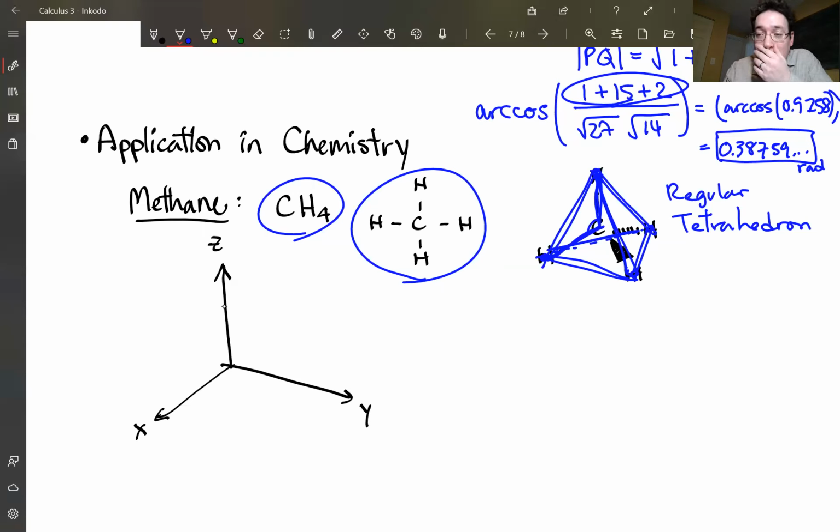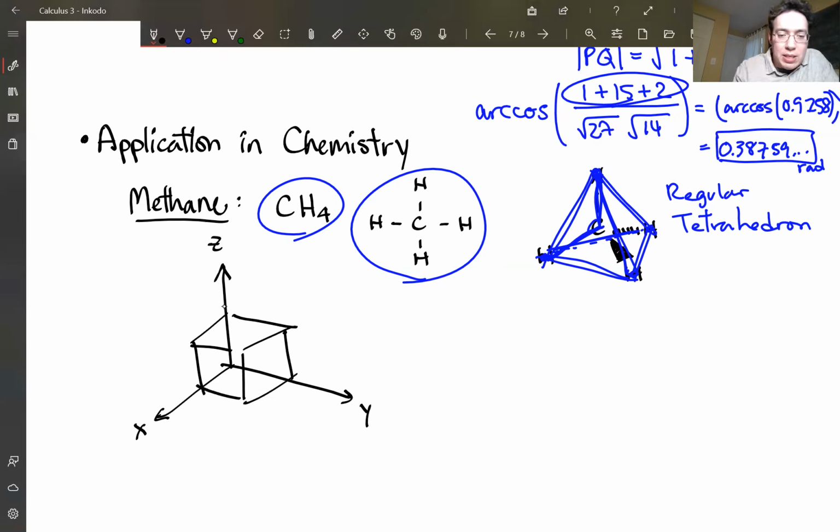So to compute this angle, I'm going to use a trick. Instead of drawing a regular tetrahedron, I'm going to draw a unit cube sitting at the origin at one of the corners.